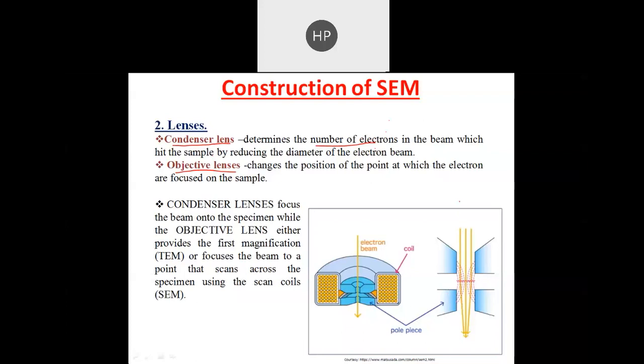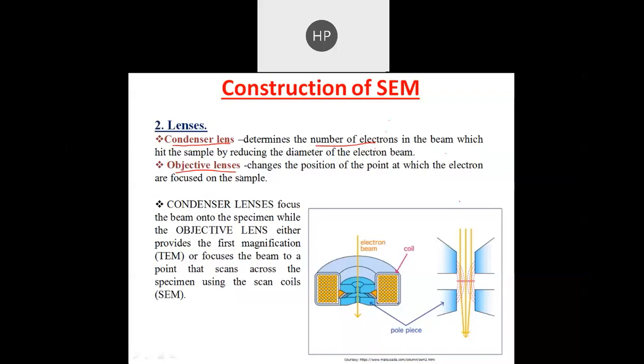Okay, so how that effect is generated, that is what we are going to discuss. But what the condenser will do, it will reduce the diameter of that electron beam and concentrate all of them so that it will hit a particular point on the specimen. So this is the use of condenser lens.